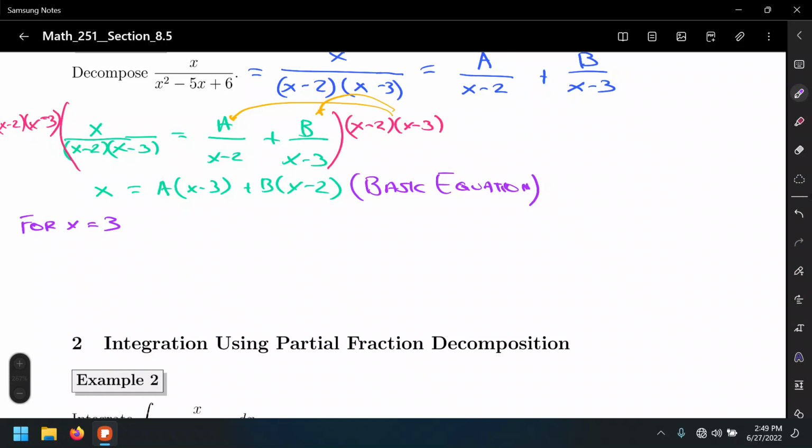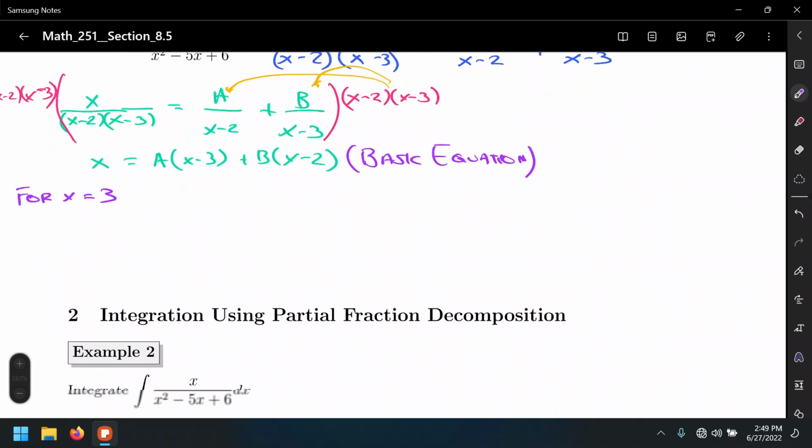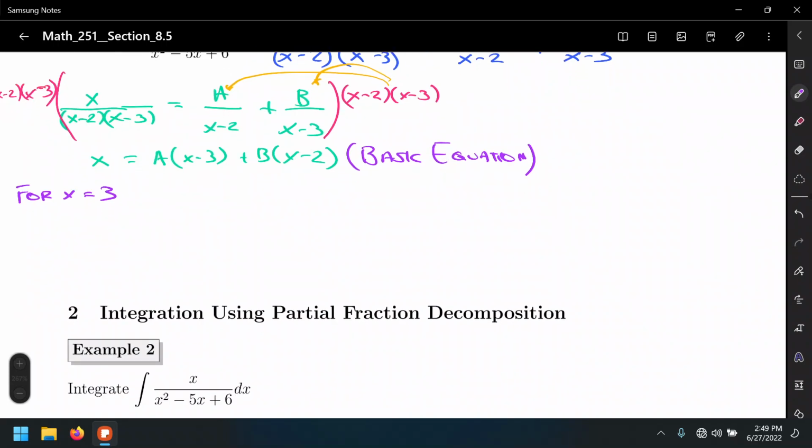So we can plug in our favorite value of x, as long as we plug it in on both sides of the equation. However, we look for convenient values. That's the keyword here. Convenient values that help us cancel out one term so we can find the other one, and then we do the same for the other letter.